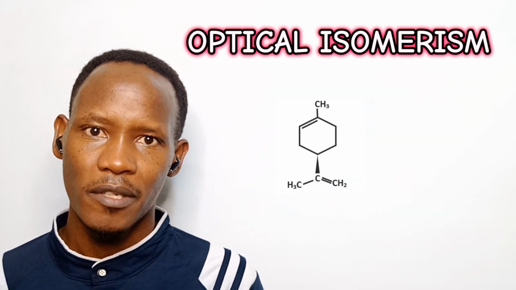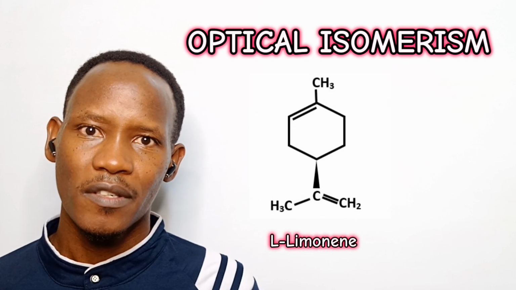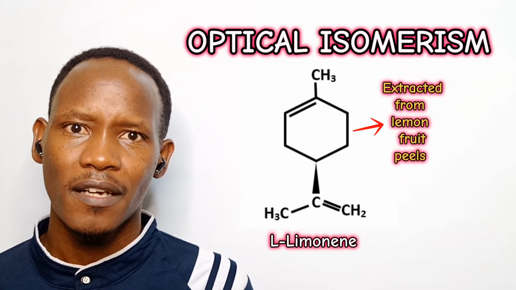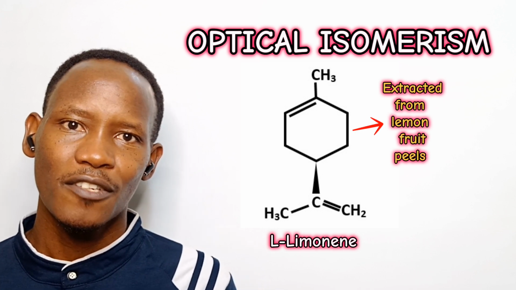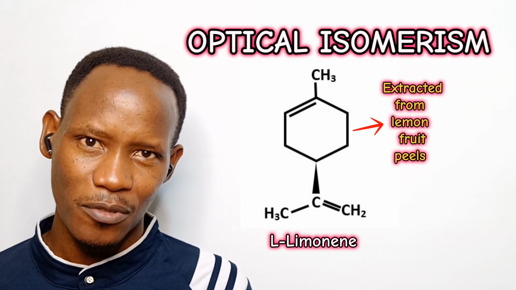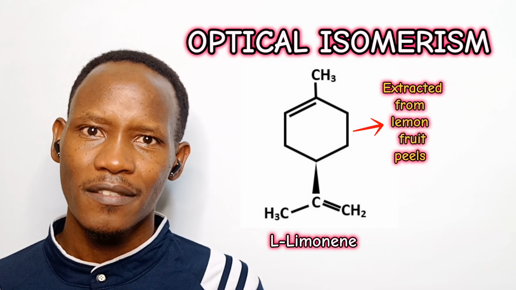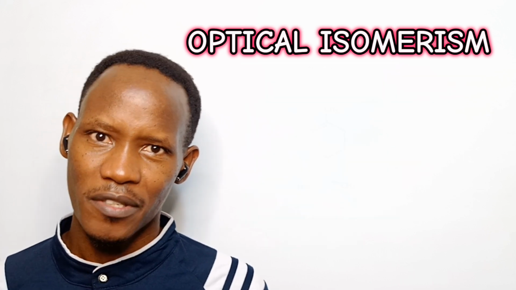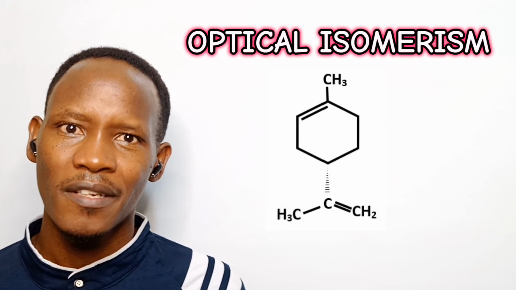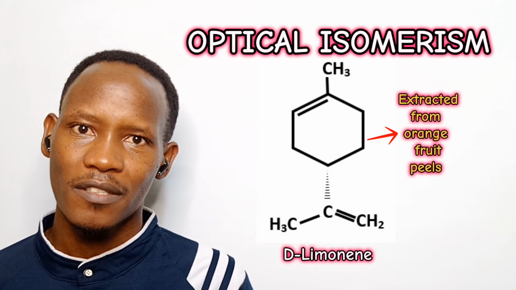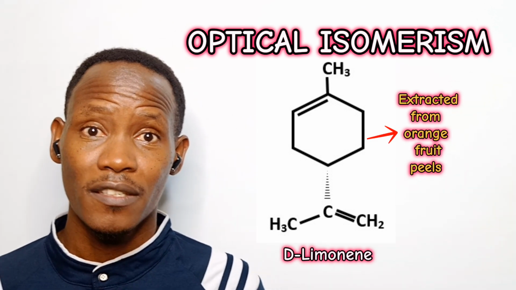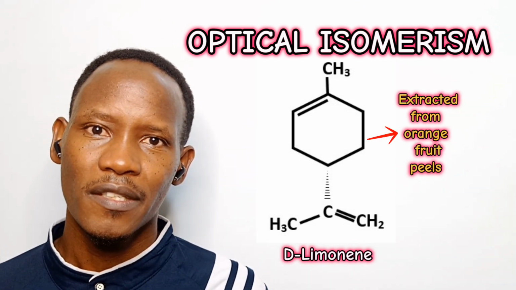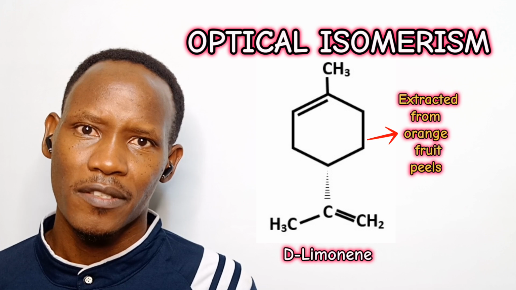These two fruits, I mean the orange and the lemon, have peels that have almost the same smell due to the fact that the two are optical isomers. In other words, inside the lemon fruit peel and also inside the orange fruit peel, you can extract, either by steam distillation or any other separation technique, a compound that is known as limonene.